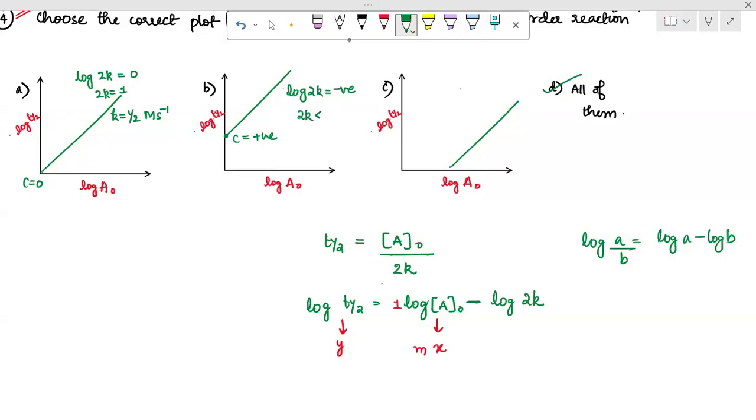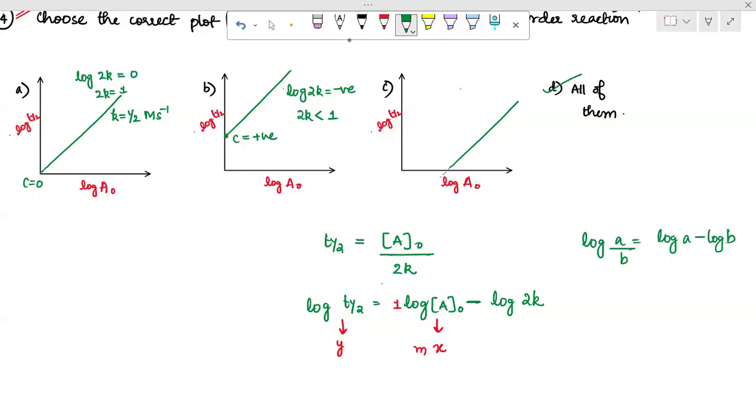When 2k is less than 1, correct? All the values of log less than 1, for example, log 0.1, 0.01, everything is negative. So you have negative into a negative value, which makes the intercept positive. And you can get a line like this.